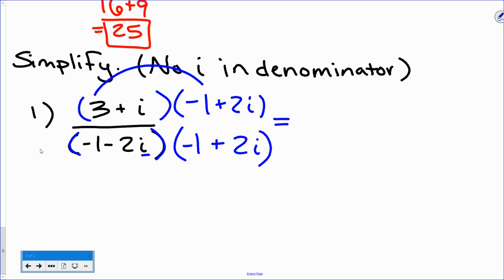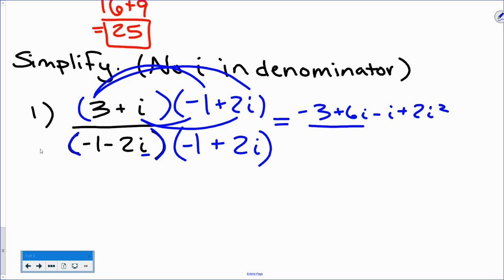I'll just start with the top. So I've got negative 3 plus 6i minus i plus 2i squared. We'll need to simplify some of those things up on top, but for right now, I'm just going to leave it that way and then multiply out the denominator. Negative 1 times negative 1 is 1.